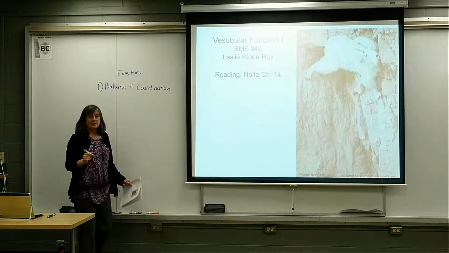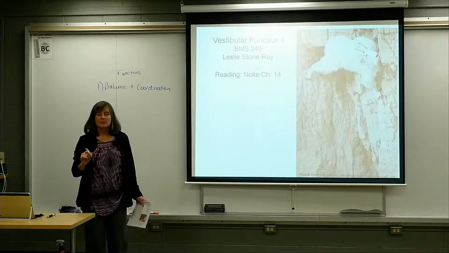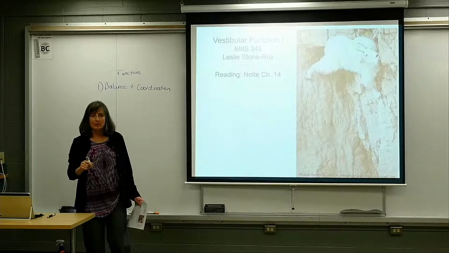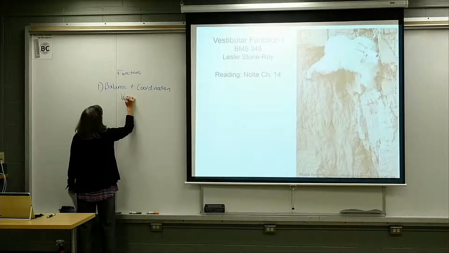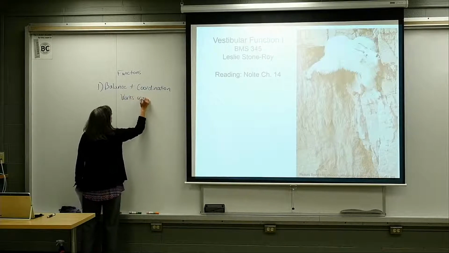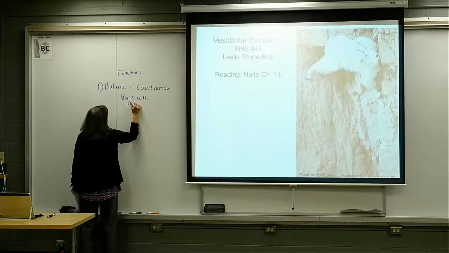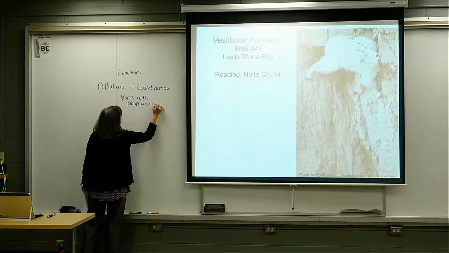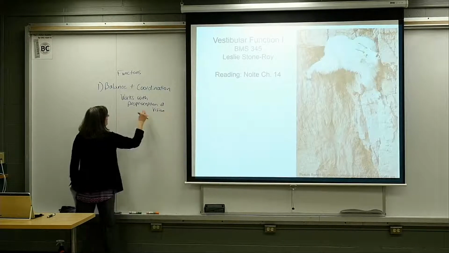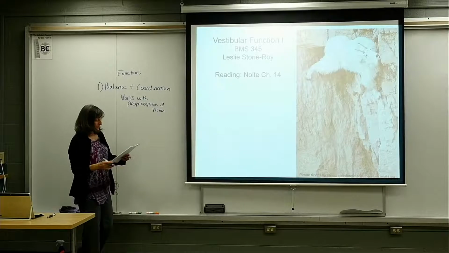It turns out that for this first function, the vestibular system works very closely with our proprioceptors and our visual system. So it works with proprioception and vision. All 3 of those work together to help us with balance.